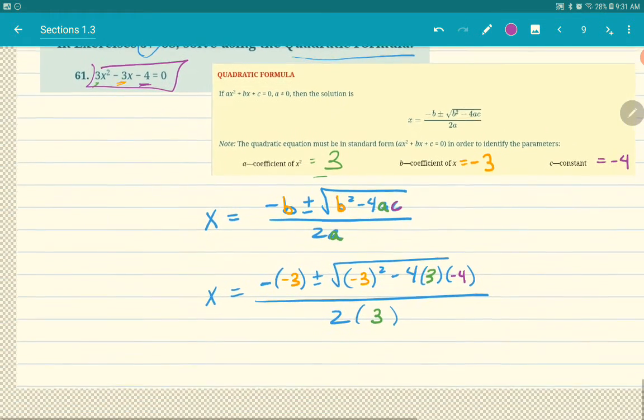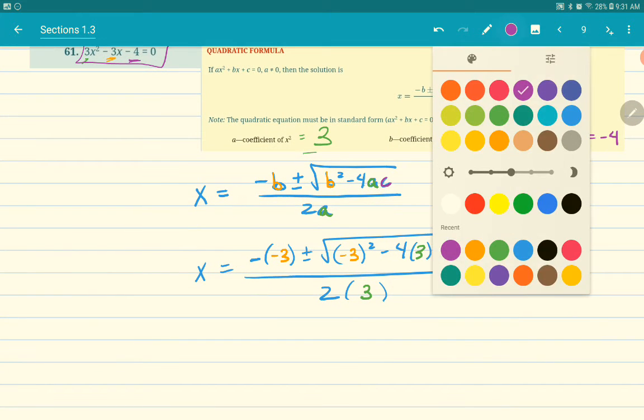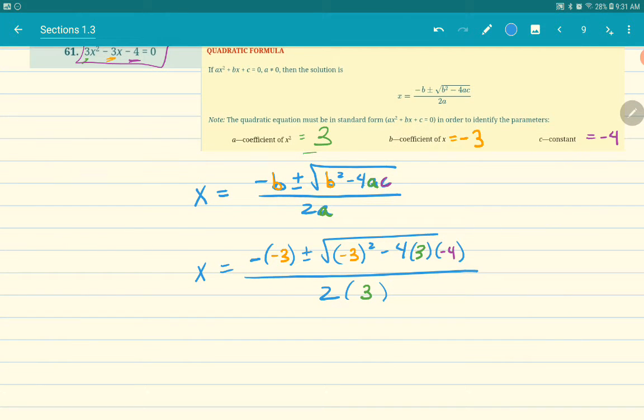All right, so now to evaluate that. So I have -3, which gives me a +3, plus or minus square root of, and then the -3 squared gives me a +9. And then I have -4 times 3 times -4.